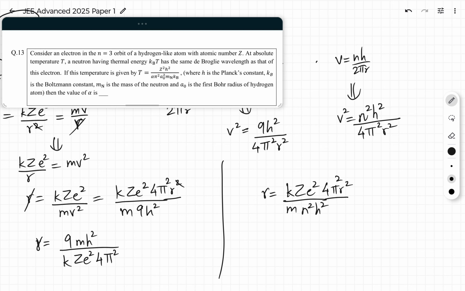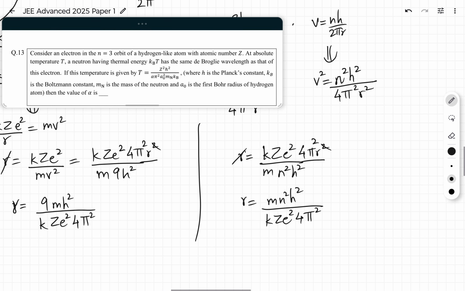Let's bring this in terms of r, which will give us r as n squared h squared divided by m kZe squared 4 pi squared.